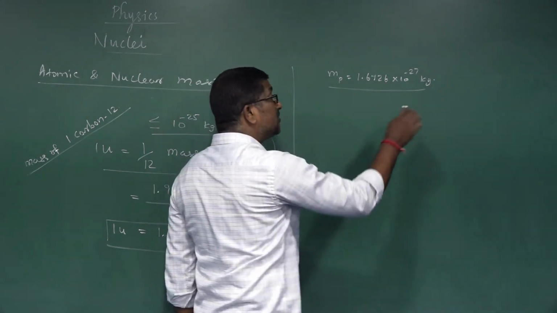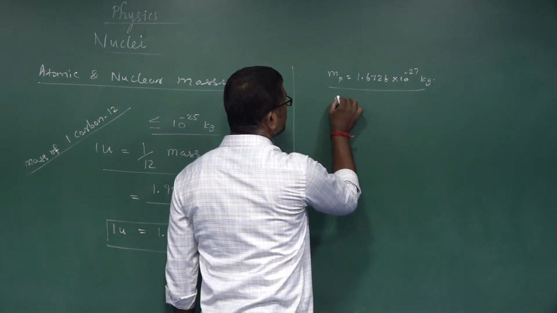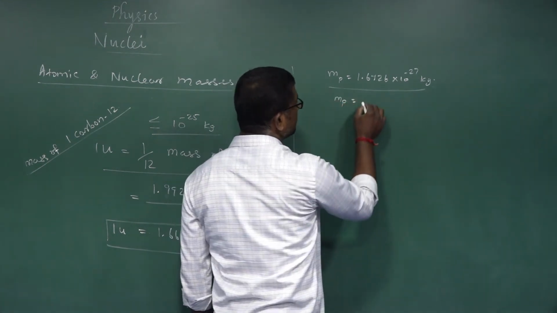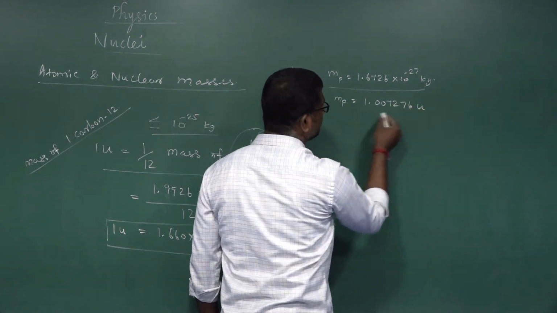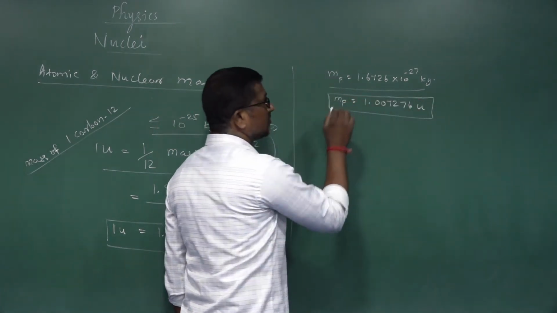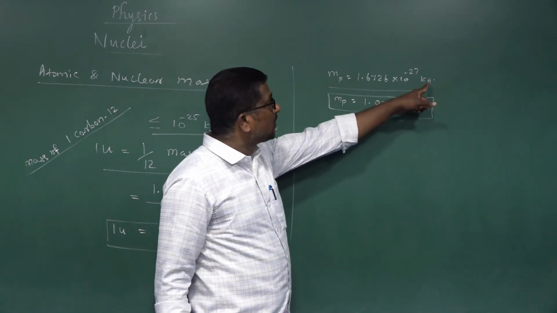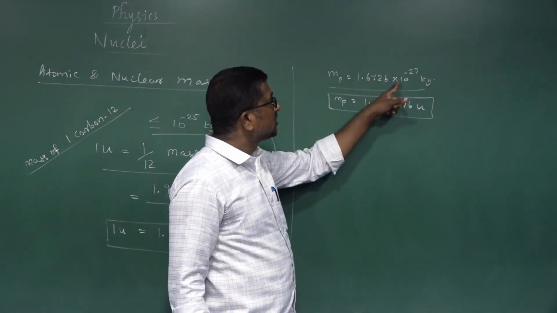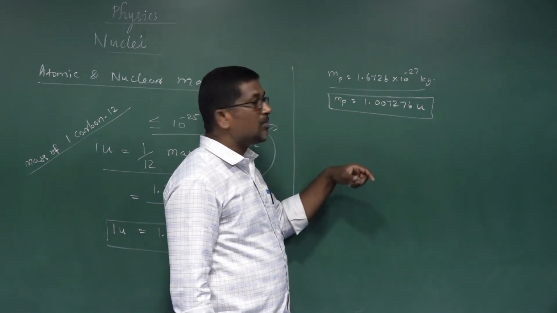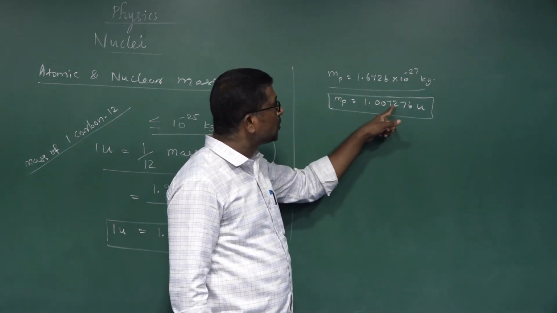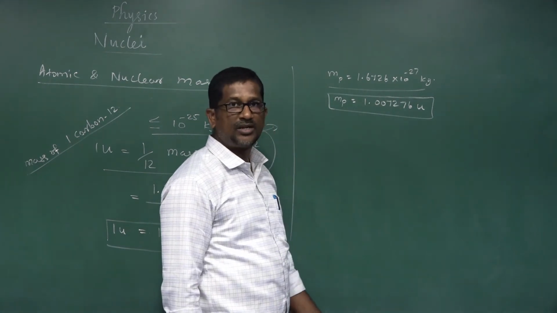In terms of atomic mass unit, mass of a proton is 1.007276 u. Mass of proton in terms of kilogram is 1.6726 into 10 power minus 27 kg. In atomic mass unit, the value of mass of proton is 1.007276 u.